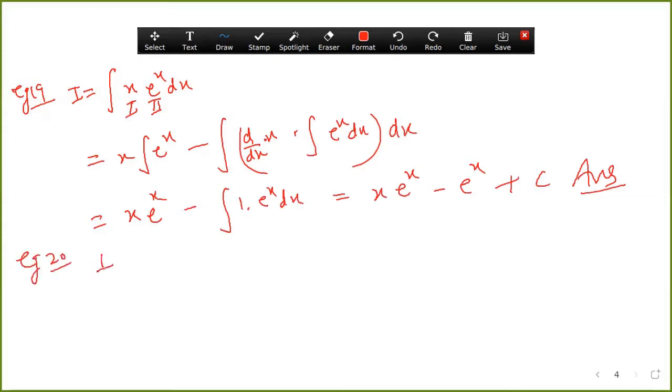That is integration of x sine inverse x upon under the root 1 minus x square with respect to x. Now in this question, you have to take the first function as sine inverse x and the second function will be x upon under the root 1 minus x square.